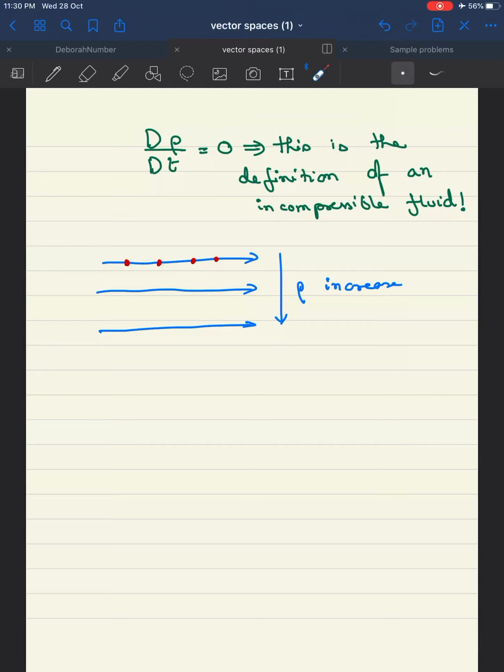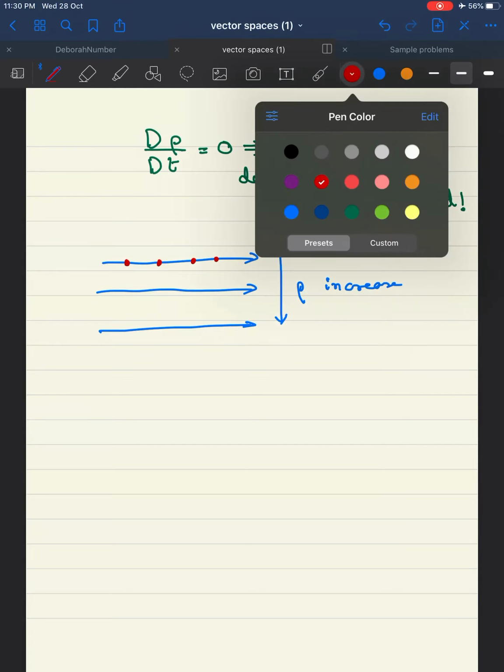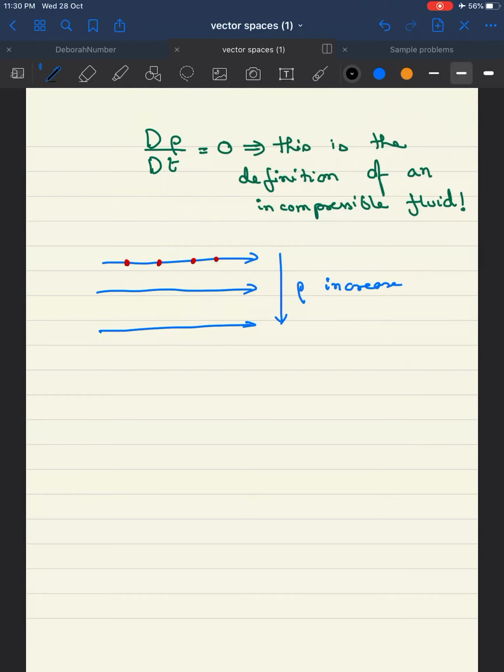So now let us look at what our equation for the incompressible flow will look like, the continuity equation for that. We have that D rho by Dt is equal to 0, which means that del rho by del t plus u dot this term is equal to 0, right?